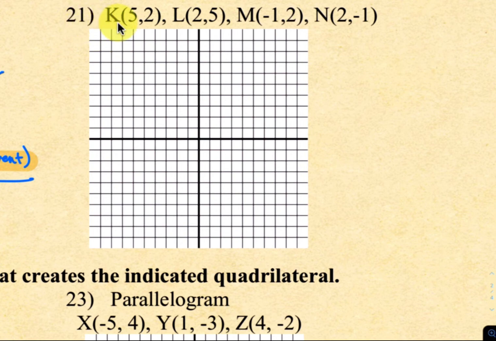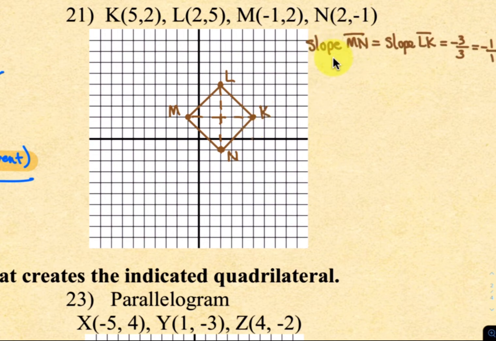All right, for number 21, we have points K, L, M, and N. Let's put those on the grid. All right, this appears to be a square. So first we'll have to show that it's a rectangle using slopes. The slope of MN is equal to the slope of LK, which is -3/3 or -1/1.